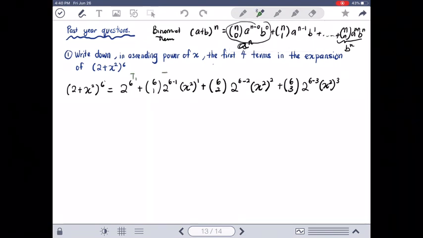So this is T1, T2, T3, T4. So we should stop here because they asked for the first 4 terms only.